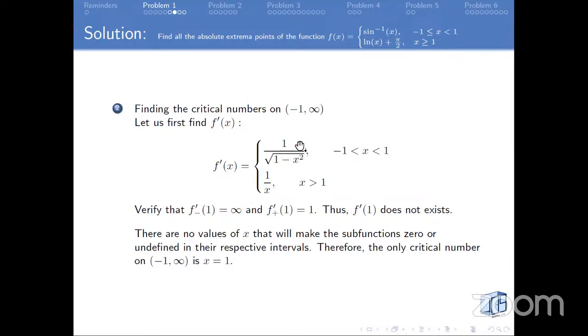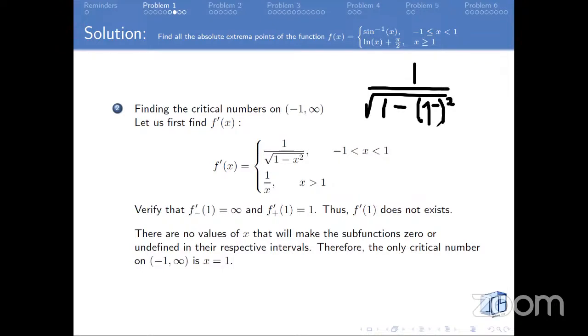Magiging naka-square pala siya. So meron tayong limit of f prime of x as x approaches 1 from the right. So pag ganon, isa-substitute natin dito yung 1. So, isa-substitute natin 1 over square root of 1 minus the square of 1 from the right.